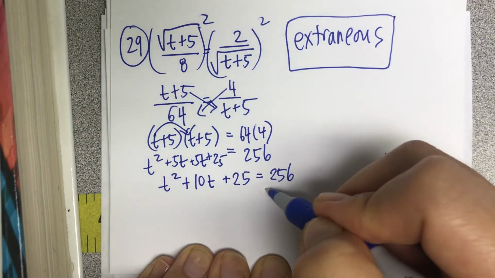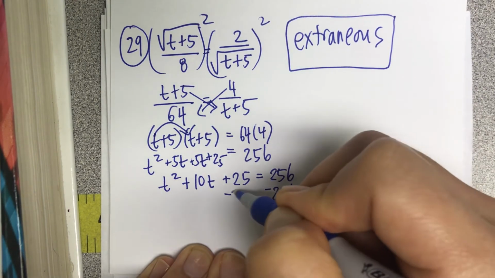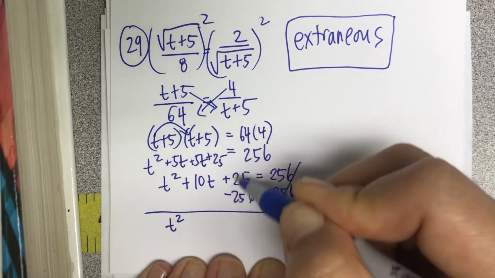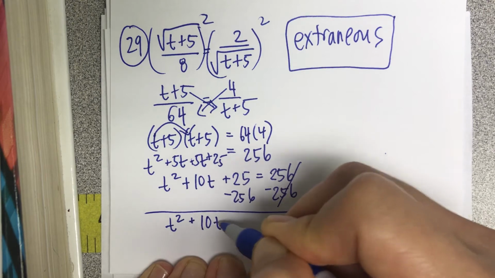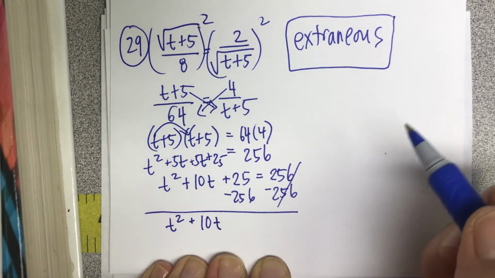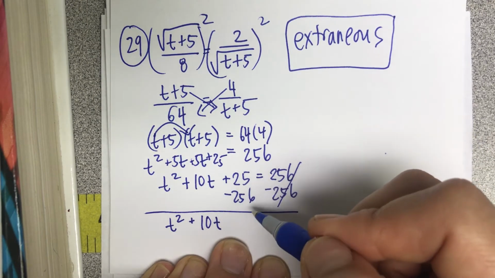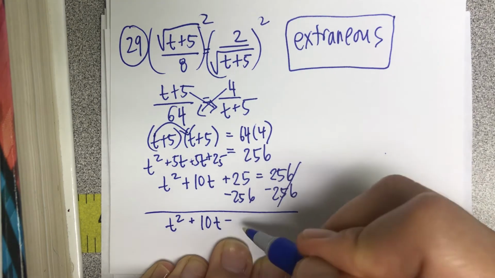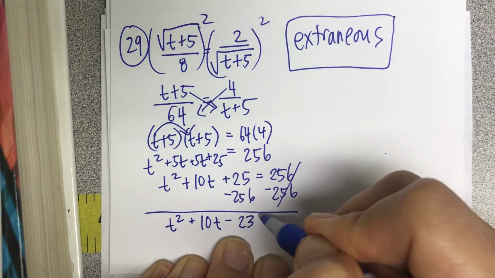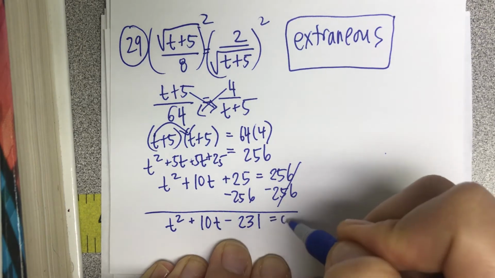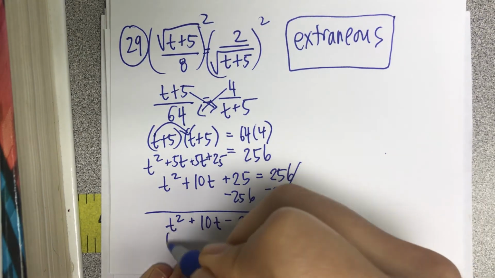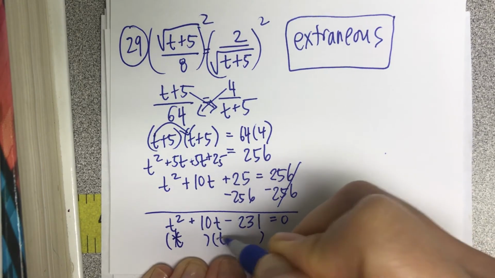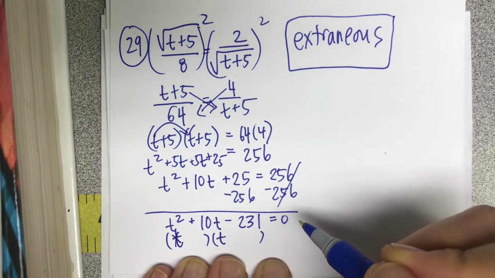Okay, then we're going to have to go minus 256, minus 256. T squared, and when the numbers start getting like this, don't fret. Okay, it says that you could use your calculators. And then 25 minus 256 is going to be negative 231. Okay? Now we have to factor this. A t, a t. So this is the kind of difficult part.